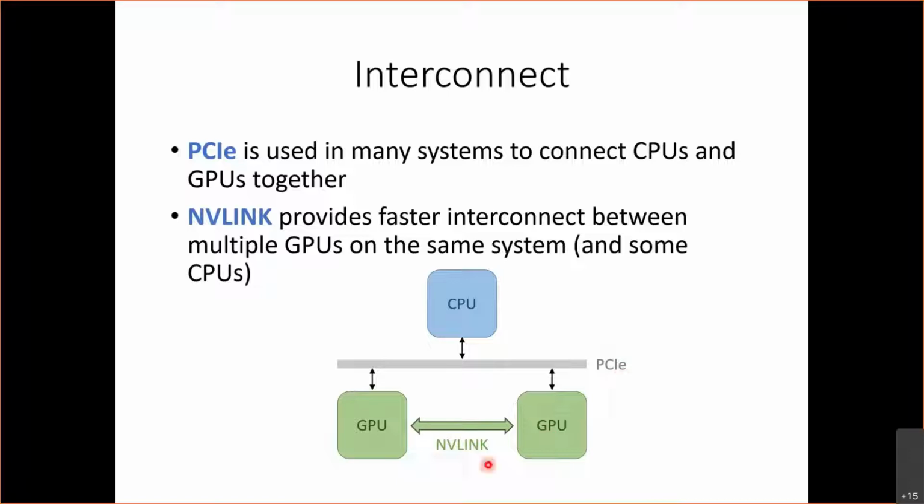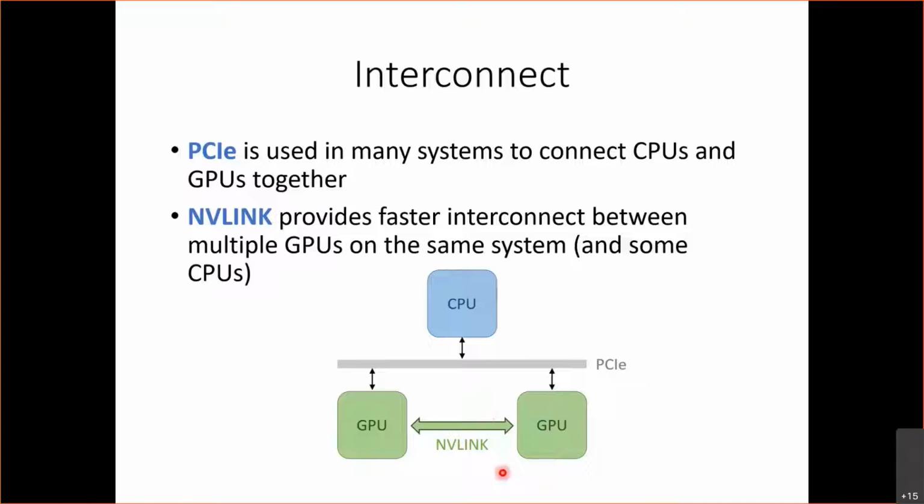However, with something like NVLink, only some CPUs support it, and only some GPUs, basically the later generations of NVIDIA GPUs, support NVLink. So PCIe is the general one. NVLink is more specific to NVIDIA GPUs and later generations of them, and is only supported by some CPUs.